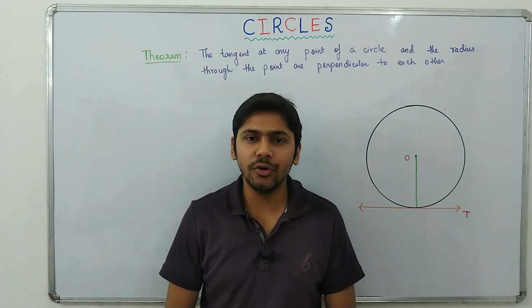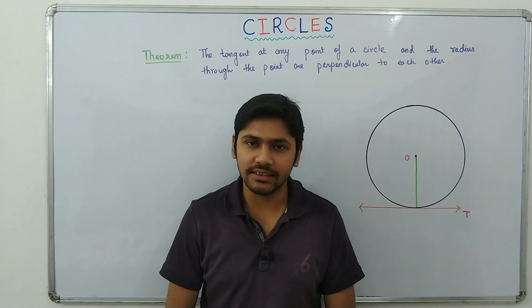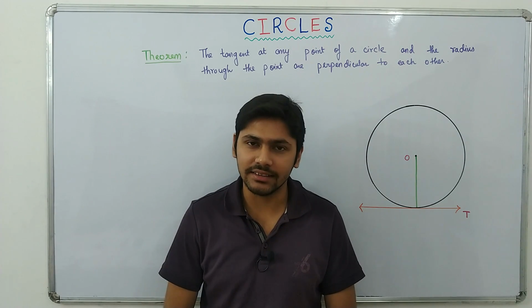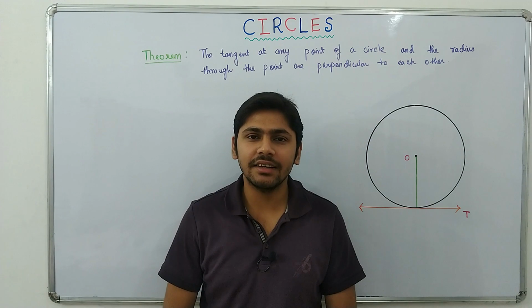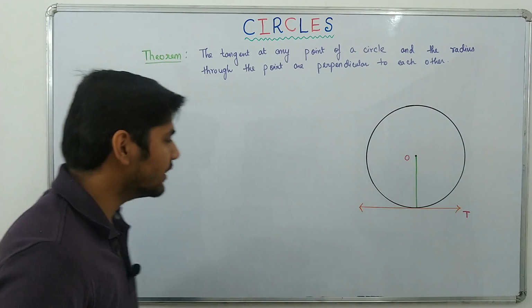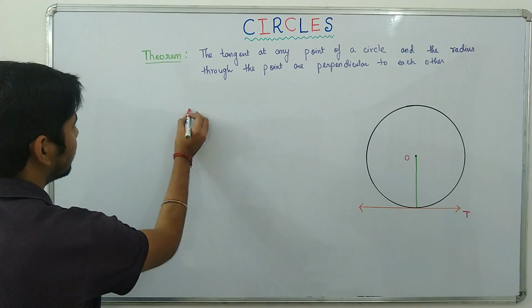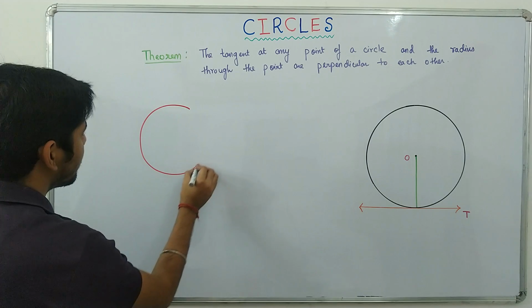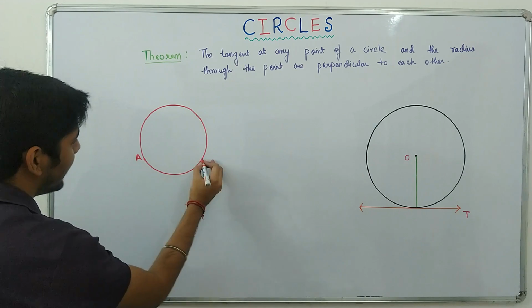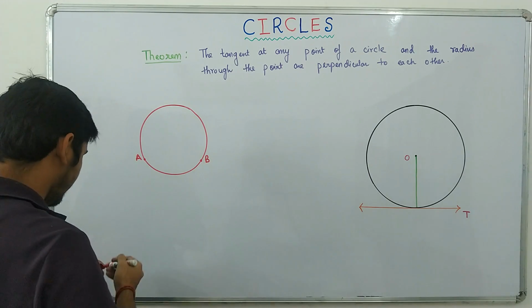First, let me tell you what a chord and what a tangent is. In the first part, we have already discussed what a chord is. A straight line joining any 2 points on a circle is called a chord. So say we have a circle, a point A on the circle and a point B on the circle.